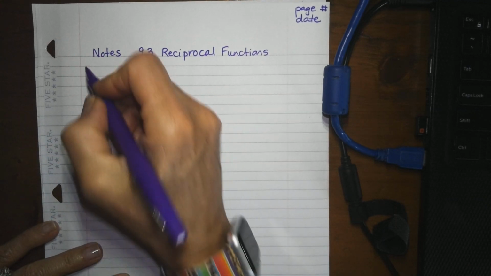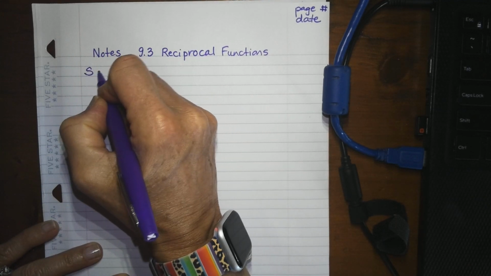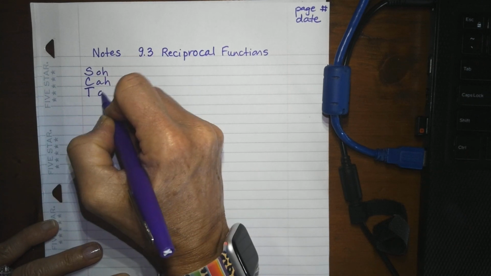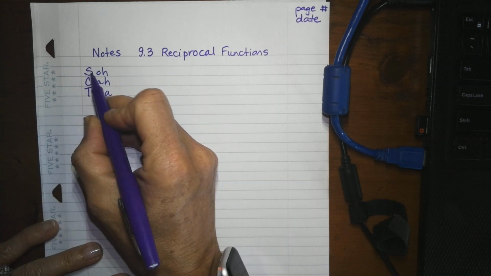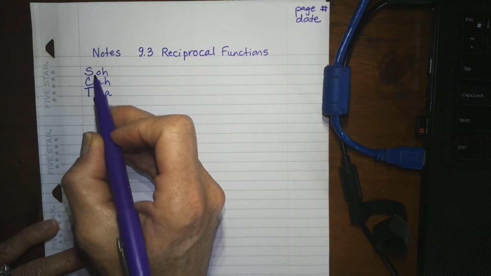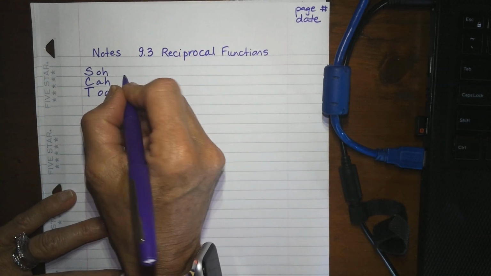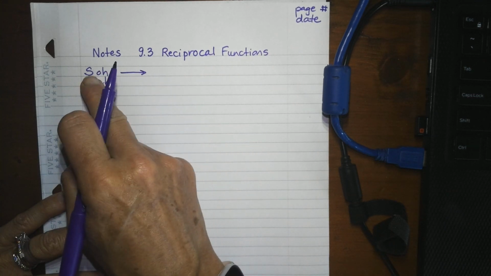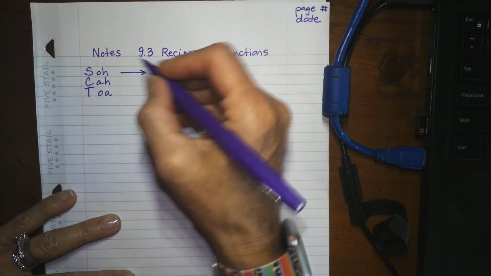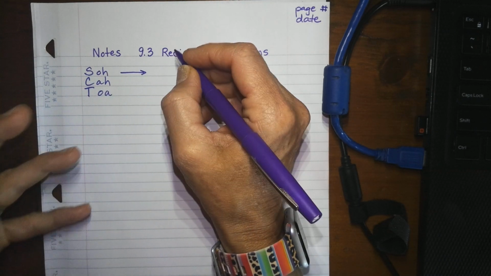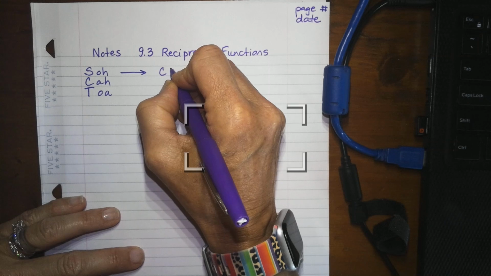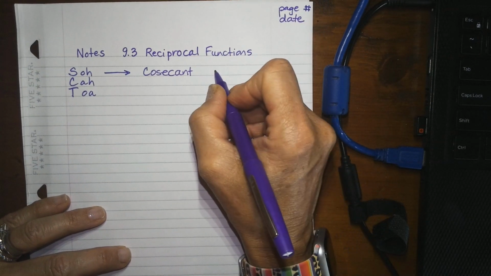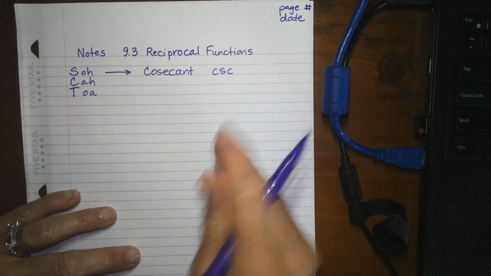All right, first of all, let's just remind ourselves. SOH CAH TOA. So we know sine means opposite over hypotenuse. When we talk about reciprocal functions, that means if we're talking about h over o, then sine is the reciprocal of what we call cosecant, and we say that's CSC.